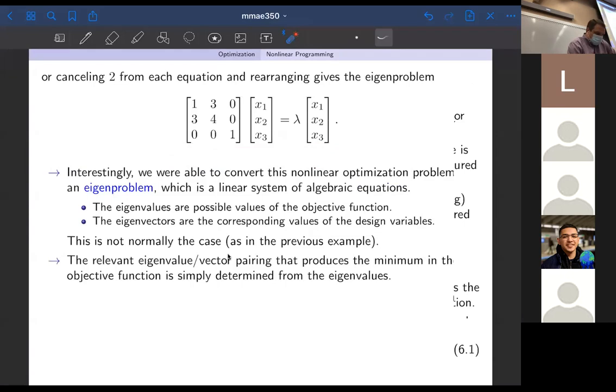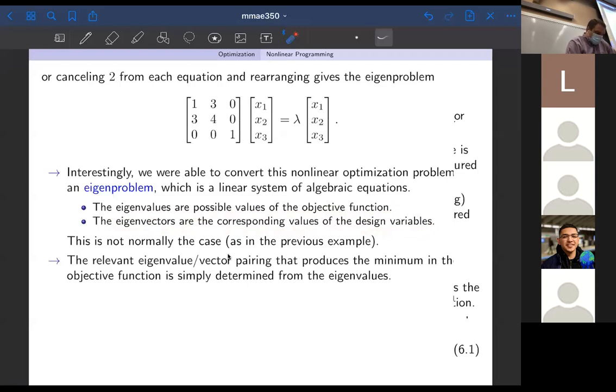So in other words, the eigenvalues are the possible values of the objective function. There'll be 3 of them. And then the corresponding 3 eigenvectors will give us the corresponding values of the design variables. So again, math, physics. The math is, it just happens to be an eigenproblem. And then what do they represent physically in the context of this optimization setting?